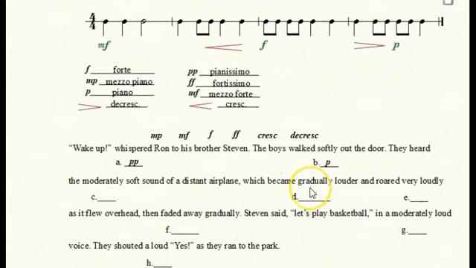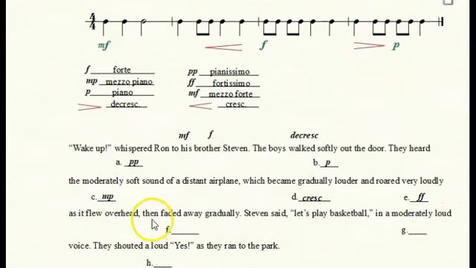Next, we see gradually louder. All right, we know our crescendo gets gradually louder, and then roared very loudly. We know that our issimo means very and loudly is forte. So here we can put our fortissimo. Then faded away gradually. Stephen said, "Let's play baseball," in a moderately loud voice.